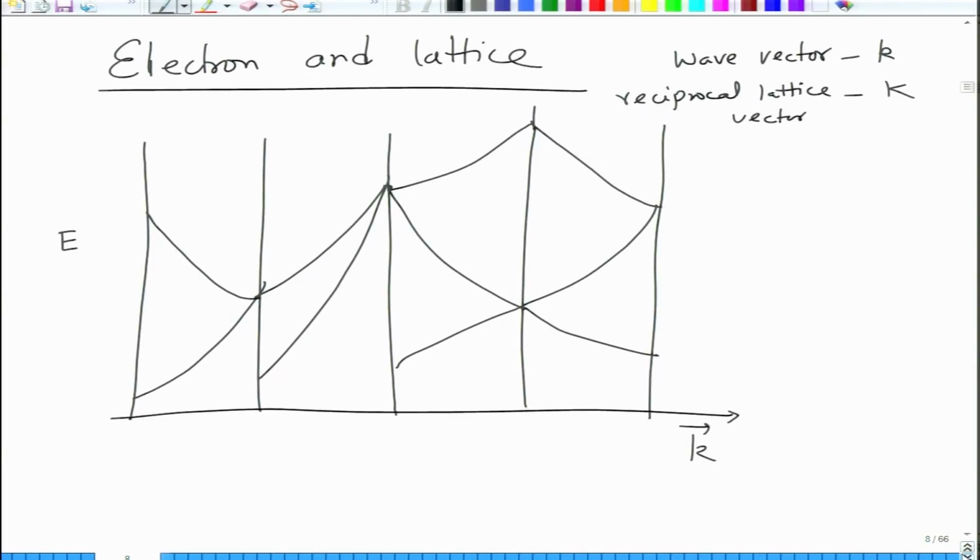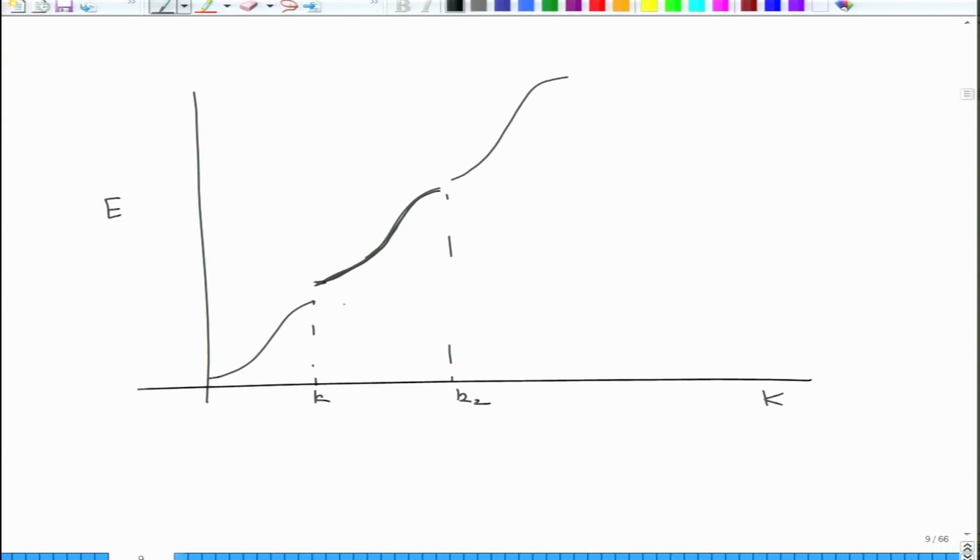without getting into this, if you look at this state, what you have here is a discontinuity at these K values, and if this discontinuity cannot be overcome by electron energy in a given system, then this is called an energy gap.